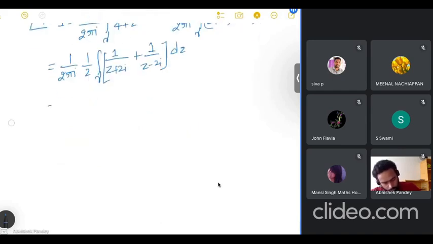So 1 upon 4 pi I times the integral over gamma of dz upon z plus 2I plus the integral over gamma of dz upon z minus 2I.